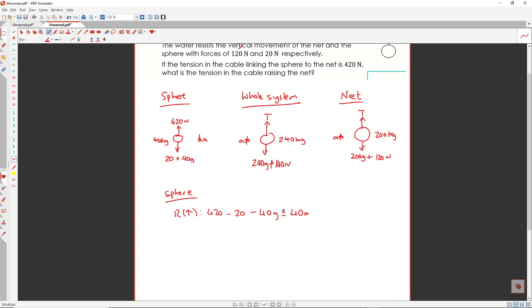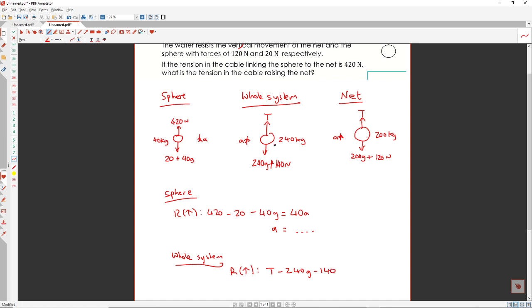If I divide through by 40, I'm going to get a for that, and I could just write down a equals whatever it is. I don't know, I haven't got the answers to this without working it out. Once we've got that, we could then work with the whole system. We could do a force calculation for this one. So if we resolve upwards, we're going to get T minus 240g minus 140.